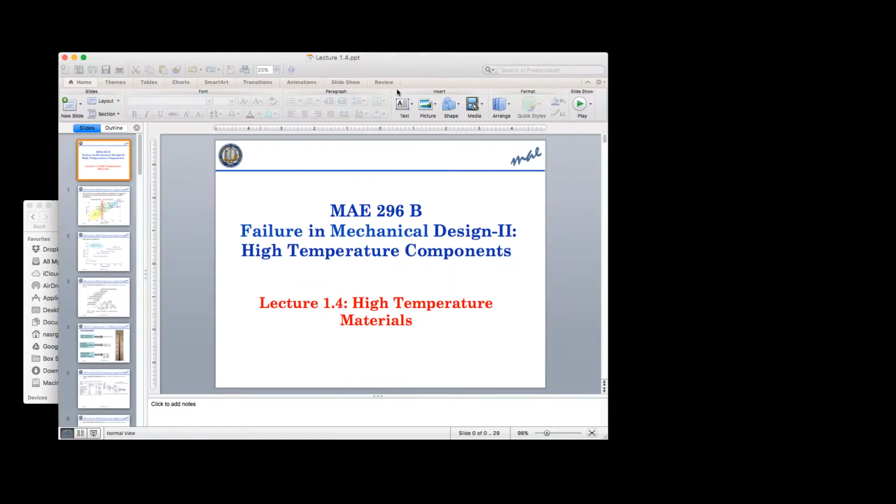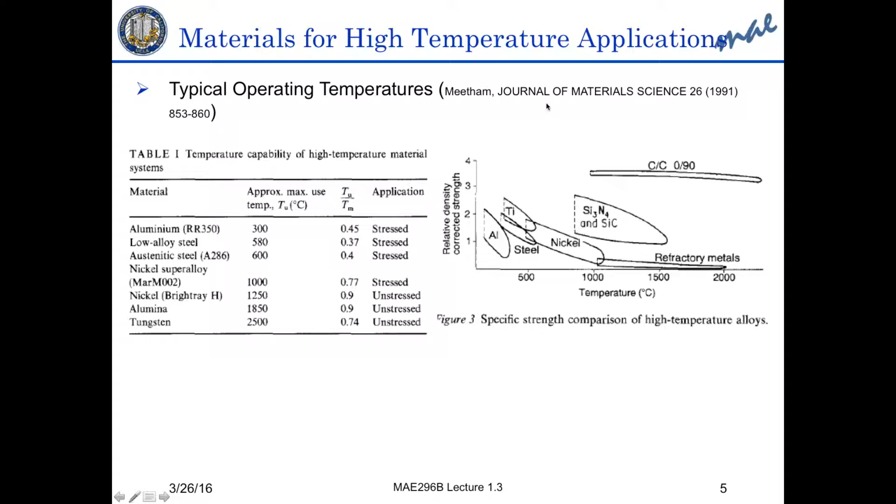So I will show now the range of temperatures that is for use in different materials according to this study that we have from Mech. So if you find aluminum, the maximum temperature is 300 degrees centigrade, T ultimate over T melting.